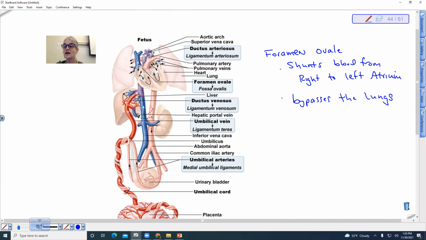And then we have another one that shunts blood from the pulmonary arch right into the aorta, and that is going to shut off as well. So that is the fetal circulation.